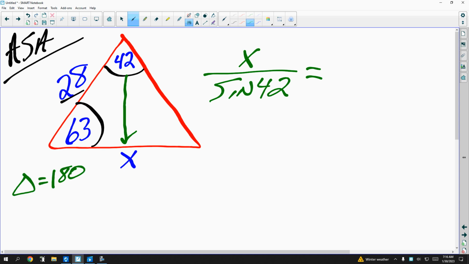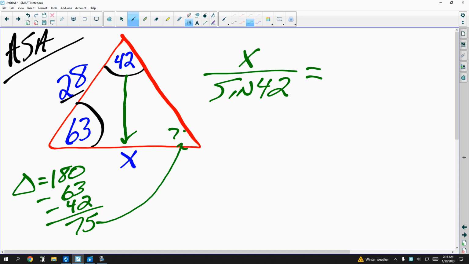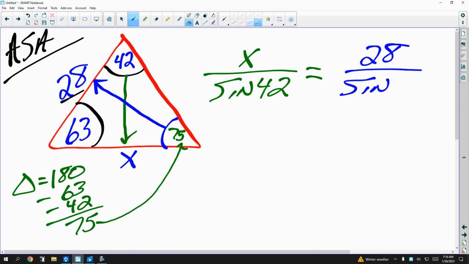And so if I take out 63 and 42, that means that that other angle is 75 degrees. Okay. And now this 75 goes with the 28. Hey, look at that. So then it would just be 28 over the sine of 75.